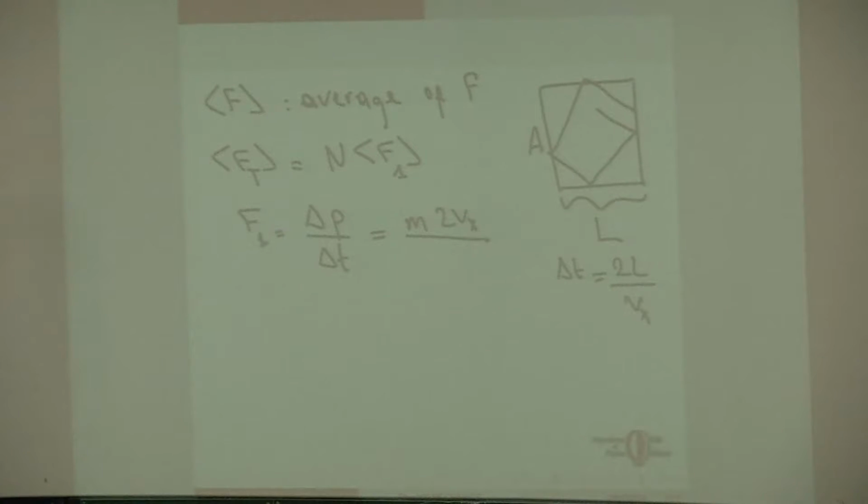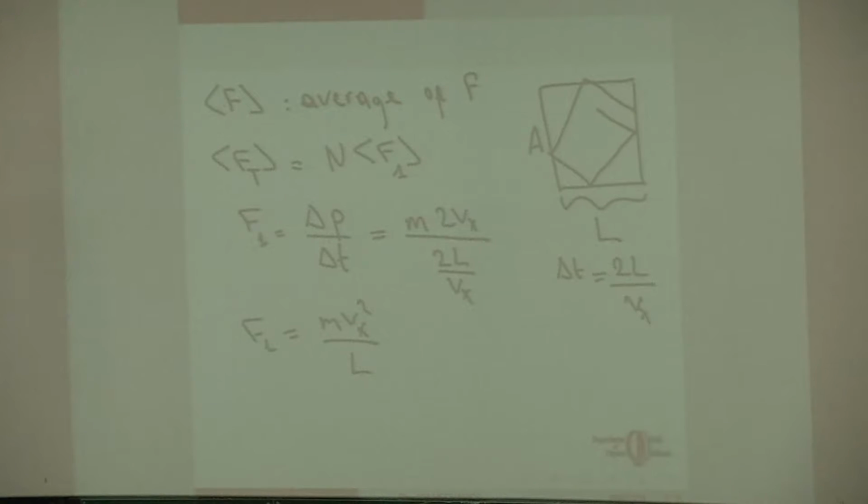So the average force throughout the motion of this single molecule is m times 2vx divided by 2L divided by vx. Or the force is m vx squared divided by L. This is the average force exerted on the wall by a single atom.